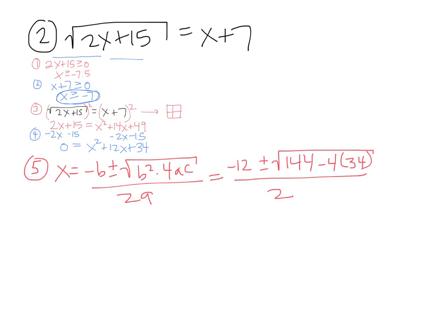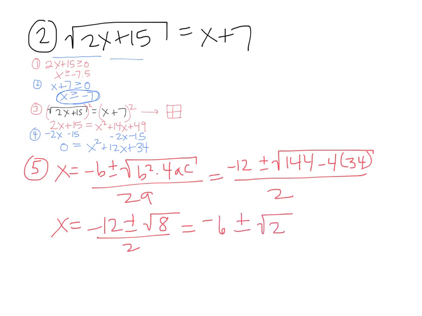I'm going to keep simplifying that. So x is equal to negative 12 plus or minus the square root of 8 divided by 2. If I keep simplifying, I get negative 6 plus or minus the square root of 2.